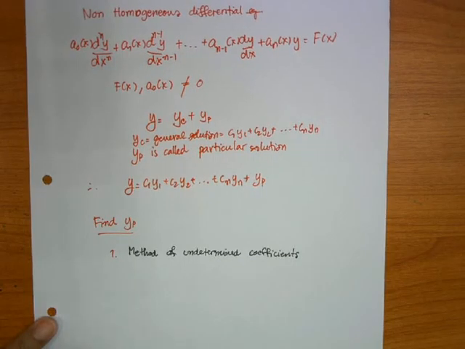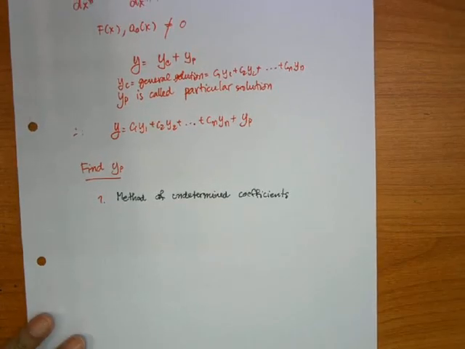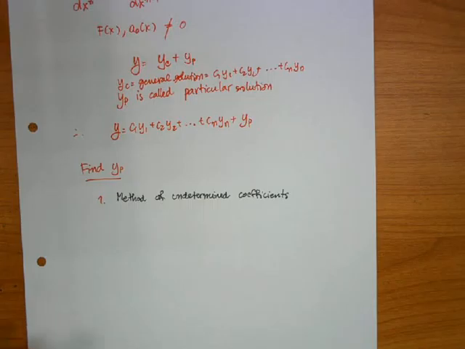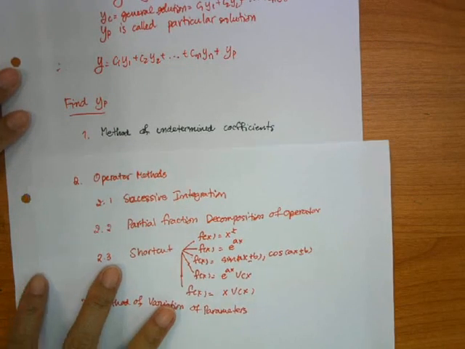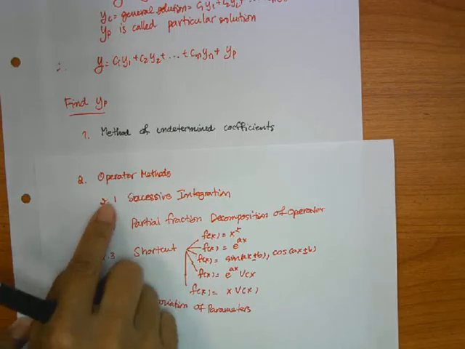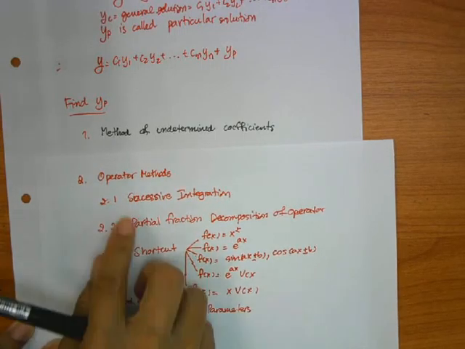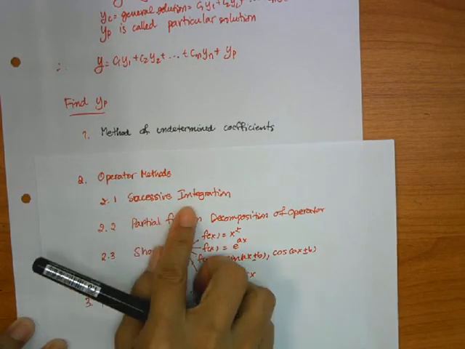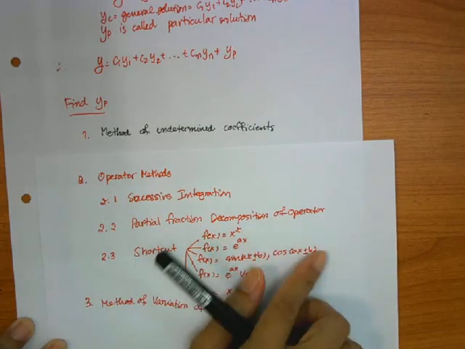To find yp, we are going to learn 3 techniques. The first one is called the method of undetermined coefficients. The second one we call the operator method. Under the operator method, we are going to learn 3 different techniques: subtractive integration, partial fraction decomposition of operator, and the shortcut.